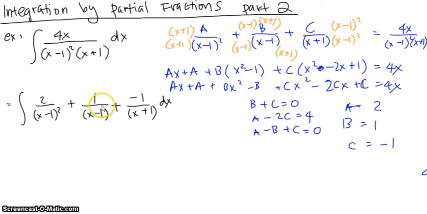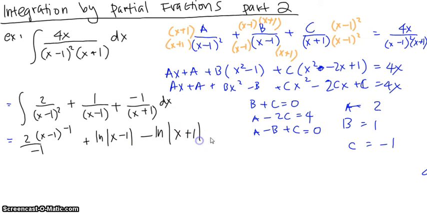Now, in this case, to integrate, you will get 2, and this is going to be 1 over x minus 1 to the negative second power. So I'm going to get x minus 1 to the negative first power over negative 1, right? Plus the integral of this one, which is the natural log of x minus 1, minus, because I'm going to bring that down here, the natural log of x plus 1, plus c.